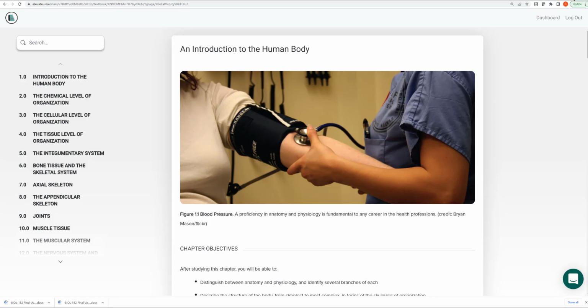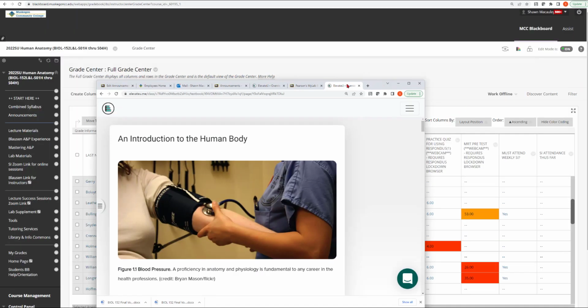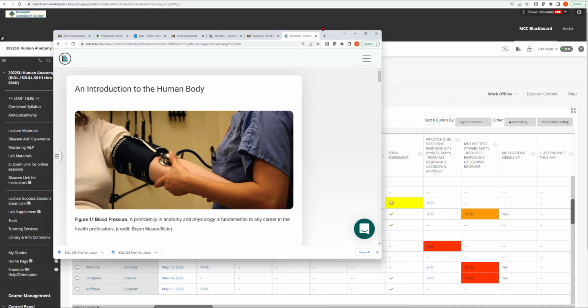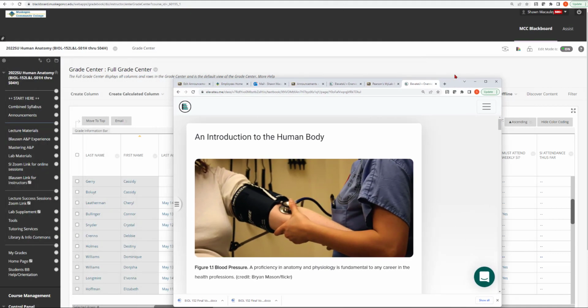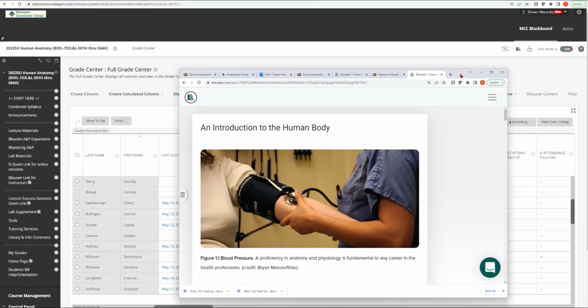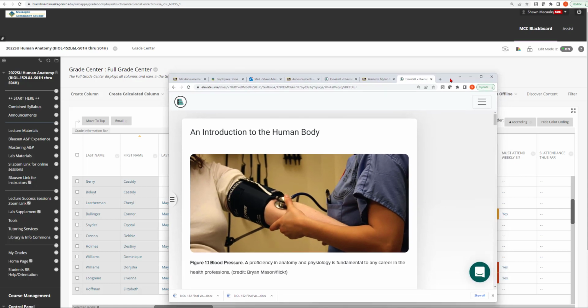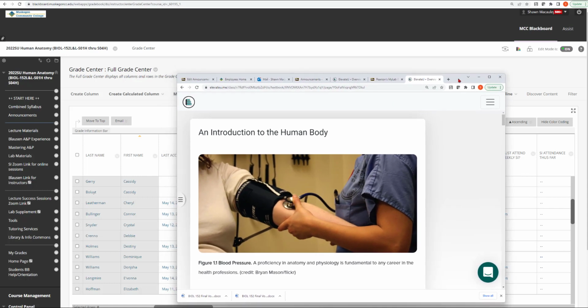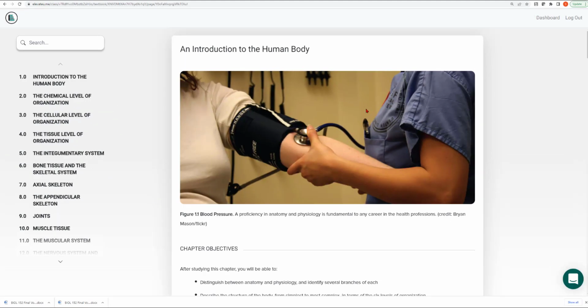So what you can do is you can actually minimize your screen like I'm doing here, and you can put the lecture, the video that you're watching from me, on one side of your screen, and then on the other side of your screen you can load your book, right?